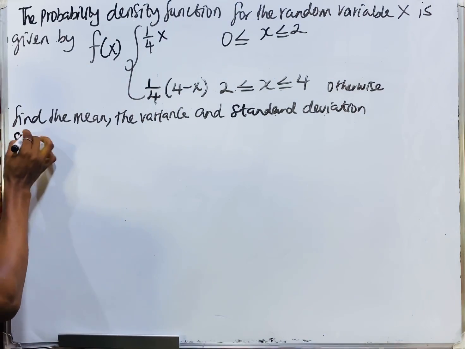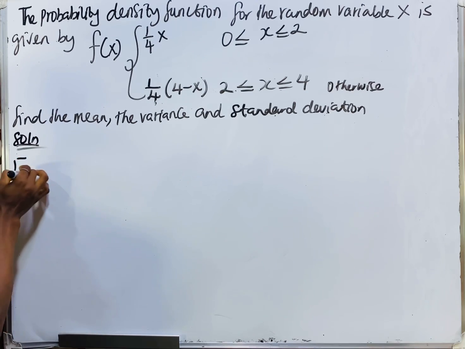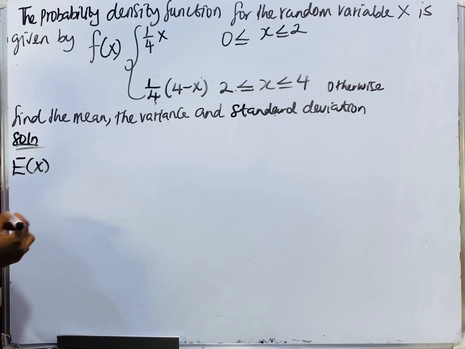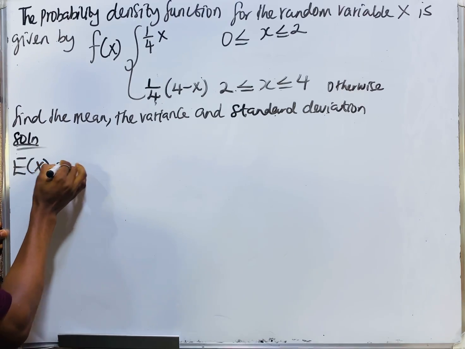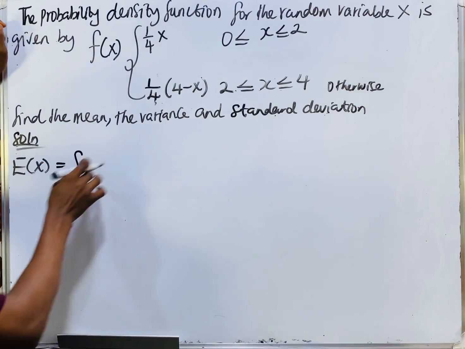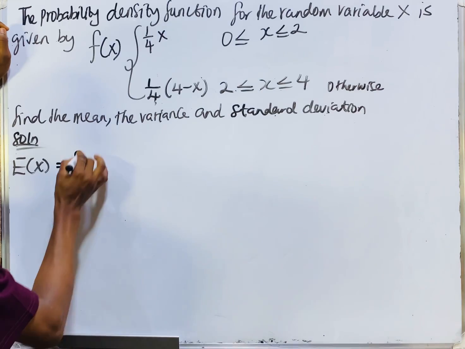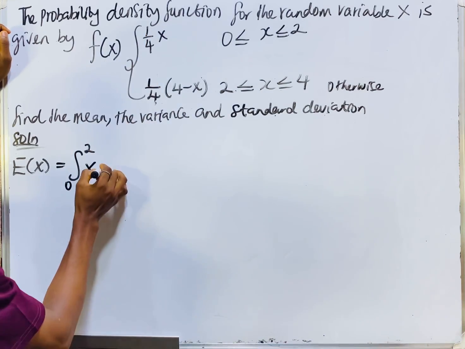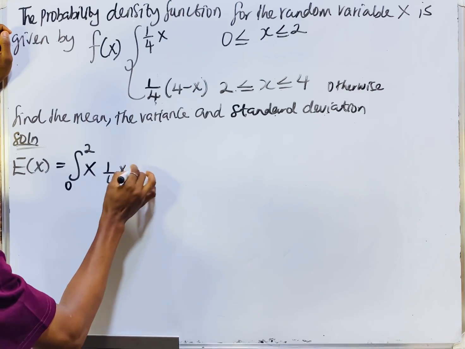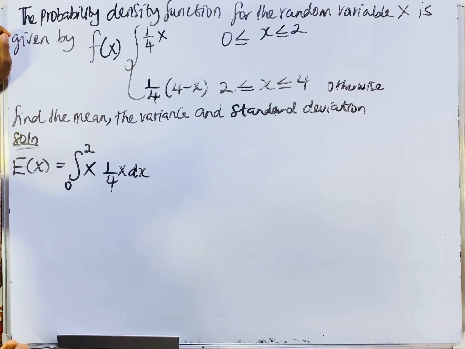So the solution to finding the mean, that's the expectation of x. You know the formula now. So we have our integral from the limit 0 to 2 of x, then the function we want to integrate, dx. As simple as that.